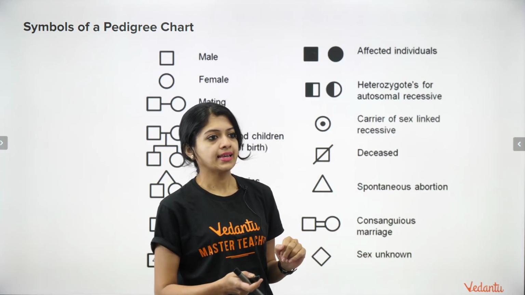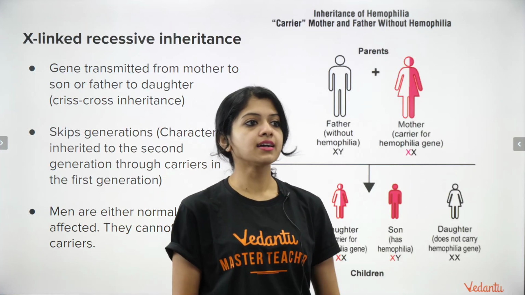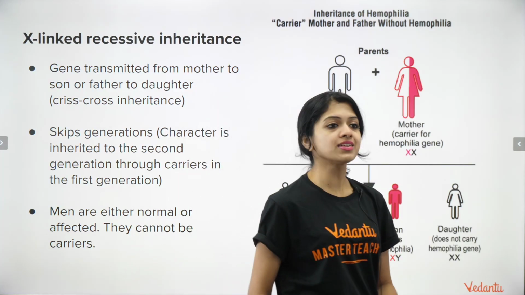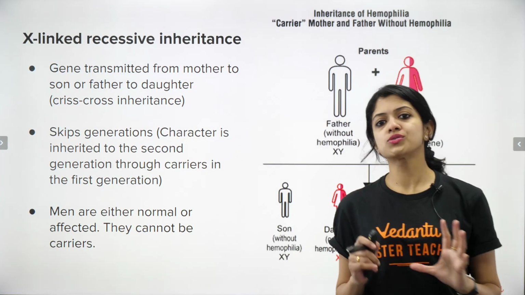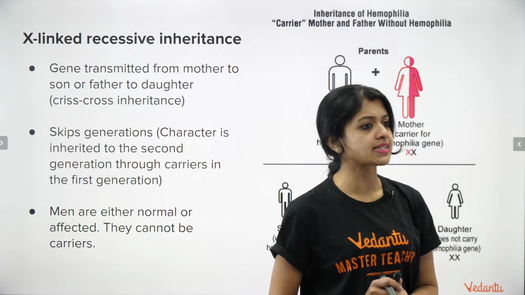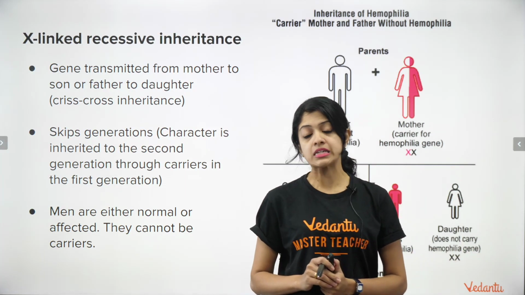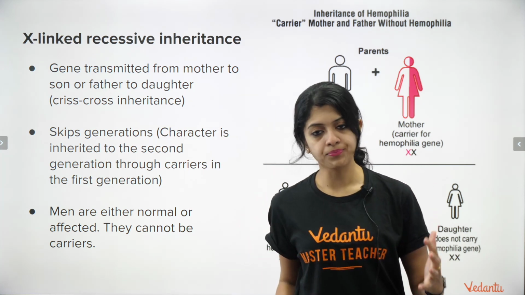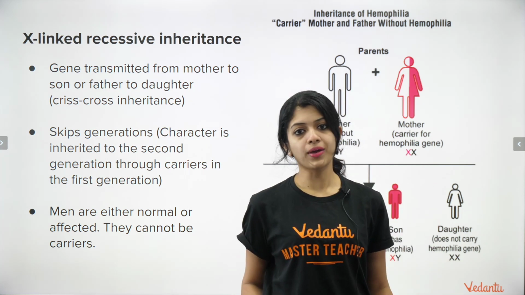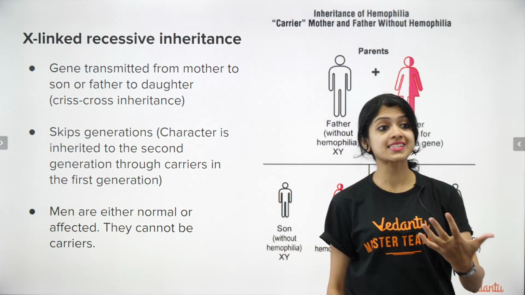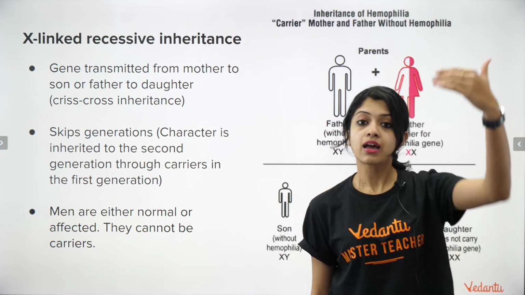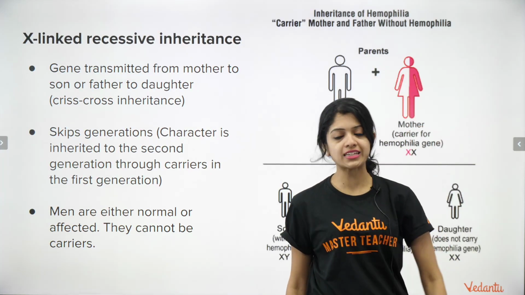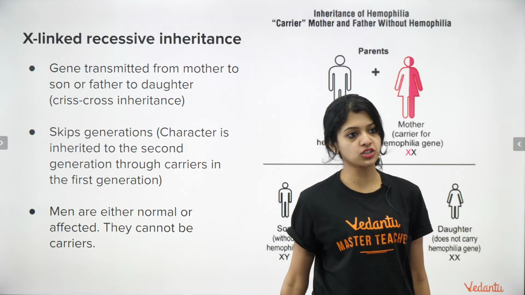Going on to the features of X-linked recessive inheritance, we know it follows a crisscross pattern of inheritance. Children, crisscross pattern in the sense it's always transmitted from father to daughter or mother to son. The second feature is that it tends to skip generations, in the sense it is normally phenotypically seen in alternate generations, grandparent and grandchild.